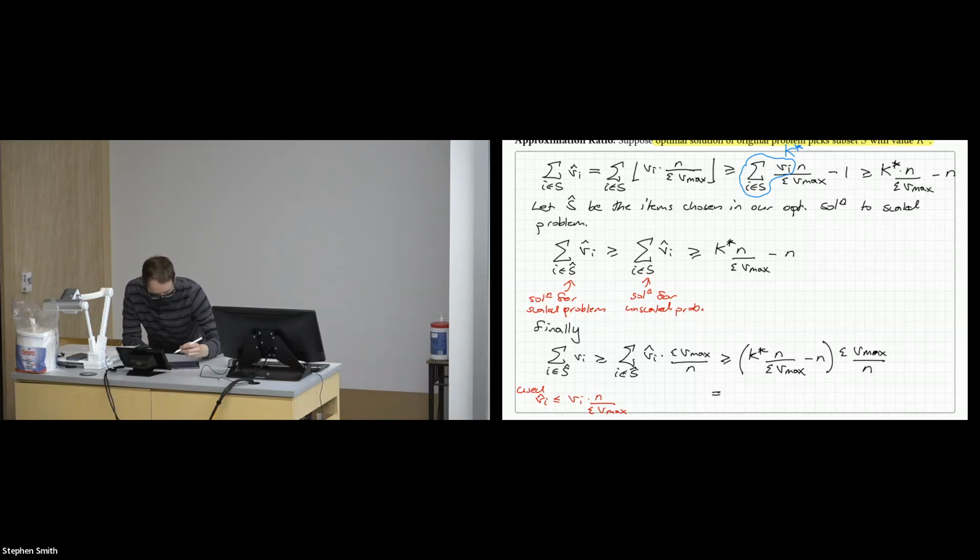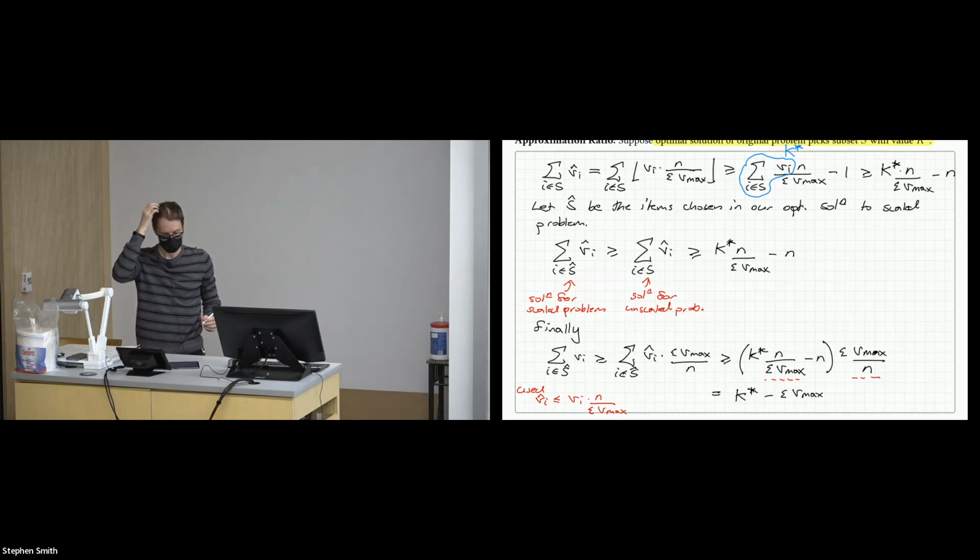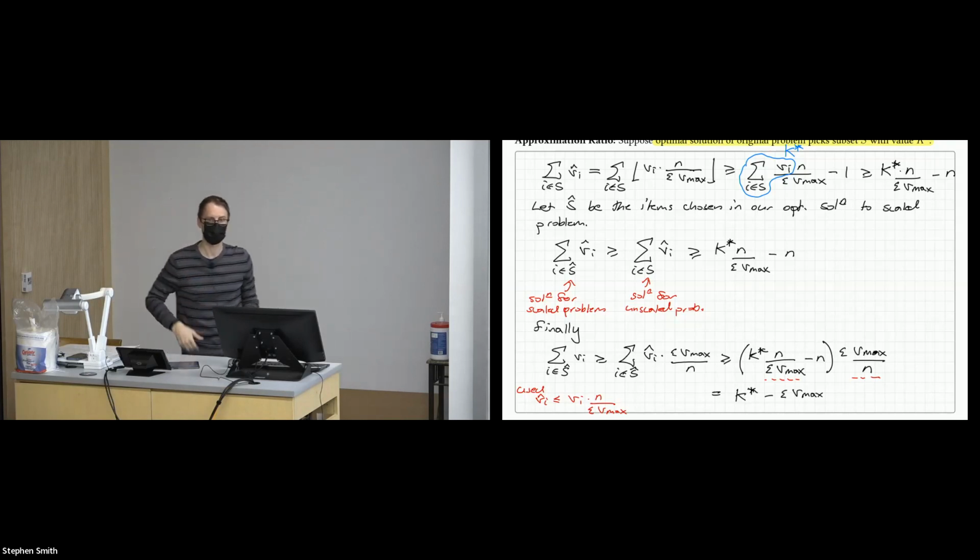And if I look, this term here exactly cancels out with this term here. So I get K star minus, and then the second term is going to be epsilon V max, because the n's cancel out.